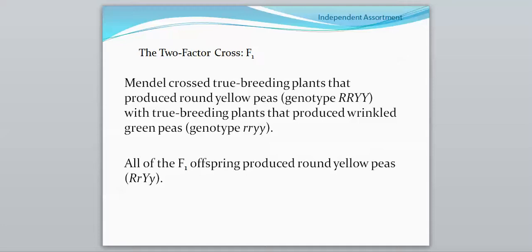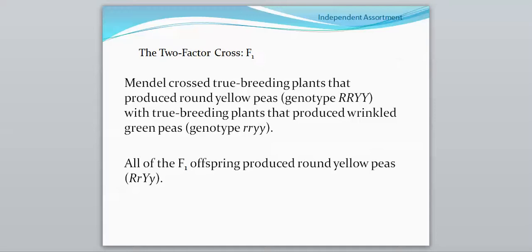And then he used true breeding plants that produce wrinkled green peas with the genotype little r, little r, little y, little y, so that they're always going to produce wrinkled green peas, and the first one is going to always produce round yellow peas. And so all of his offspring produced round yellow peas. Remember, they had the same phenotype as our first cross, but they have different genotypes.